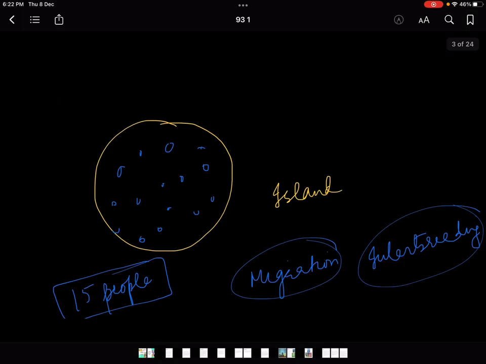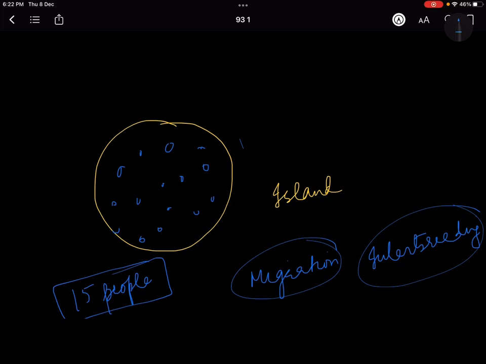So if this island has no migration from outside and no evolutionary changes, no outside force is acting upon them; only they are breeding amongst themselves.